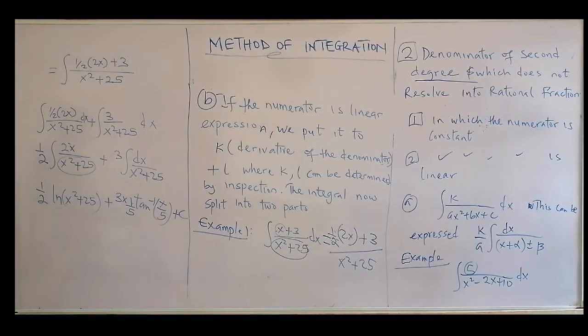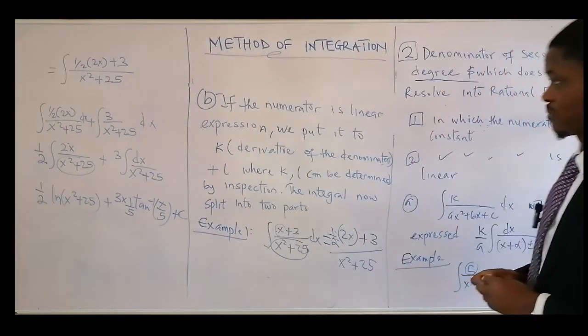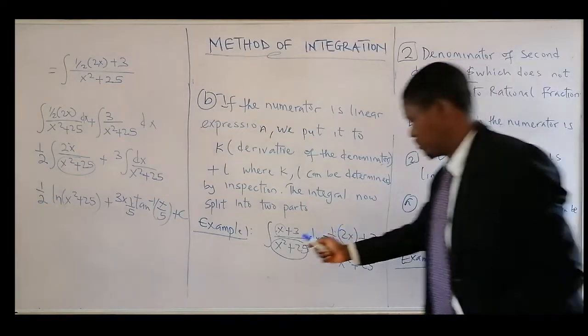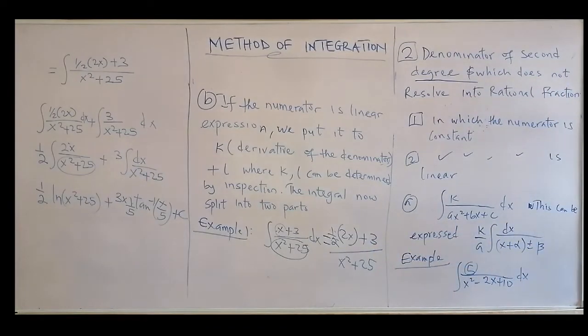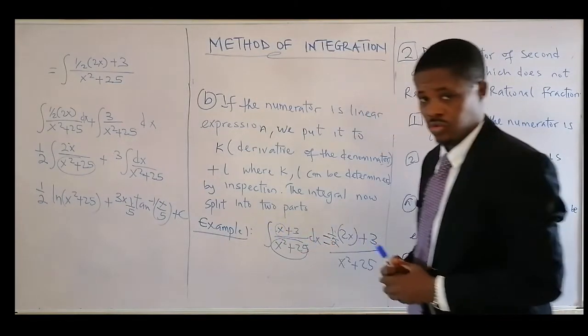So let's recap case 2b of this second method. What this is saying is this: you have the denominator of second degree, power 2, and the numerator as a linear factor.